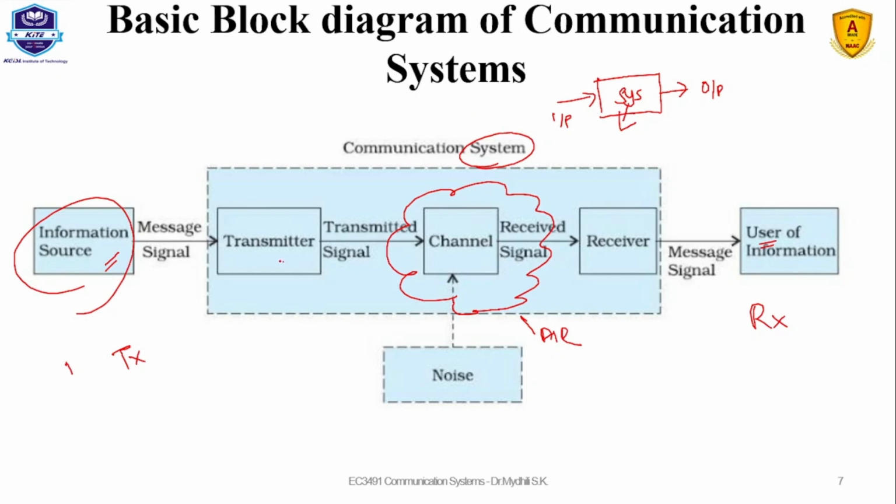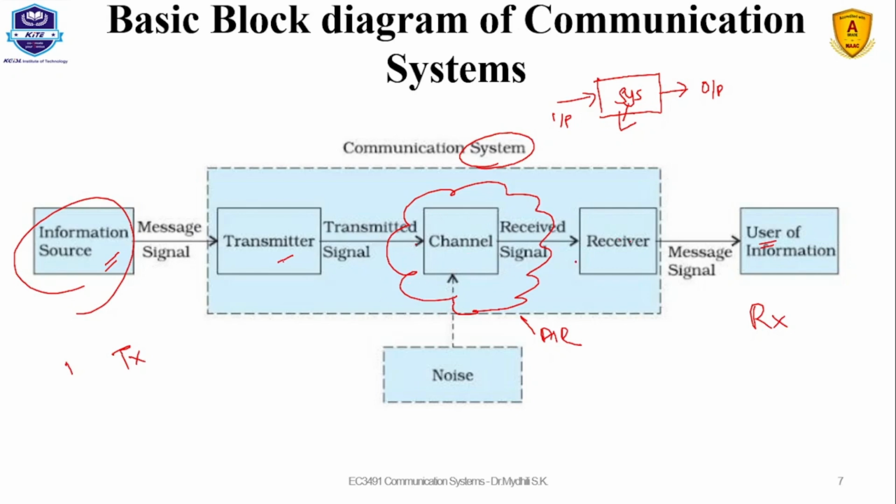In between, this communication system has devices which facilitate the communication of the information source. That is, it consists of a transmitter and a channel through to a receiver. The end is the receiver. If it is through a medium called air, air is a common channel where most of the information is transmitted. Not only one signal, that is, whatever I am talking now is not the only one transmitted through the channel, but there are n number of signals contained in this channel.